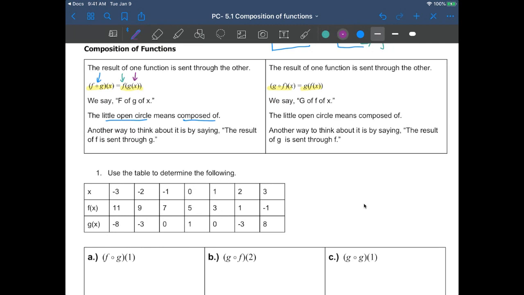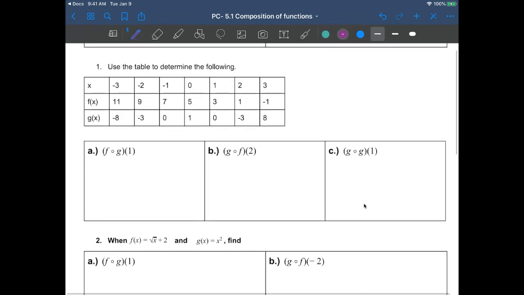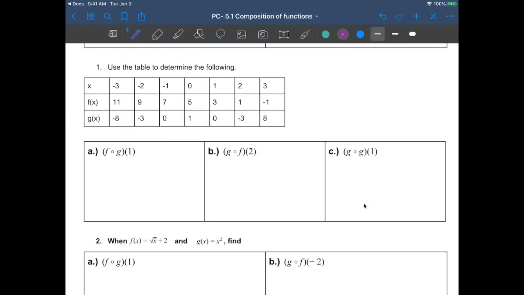So we're going to use the table here to figure out what f of g of 1 is. I always rewrite it. F is on the outside, and we're composing it with g of 1. On the inside part, I'm going to look at where on g of x is 1, and that would be right here.